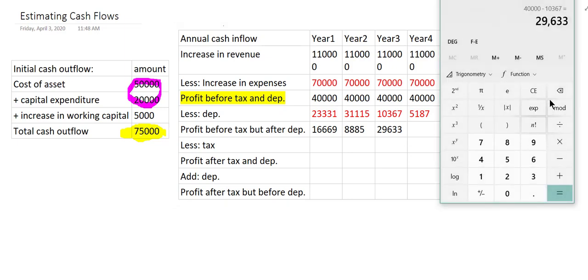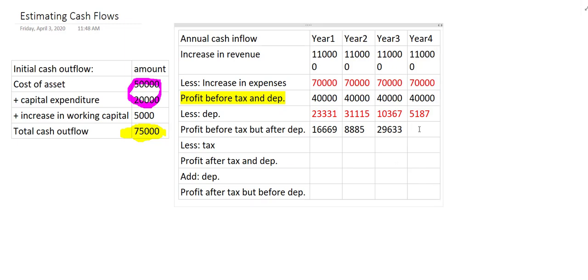And now let us take for the last year as well. 40,000 minus the amount of depreciation, 5,187, right? Difference is 34,813. This was the amount of the difference.